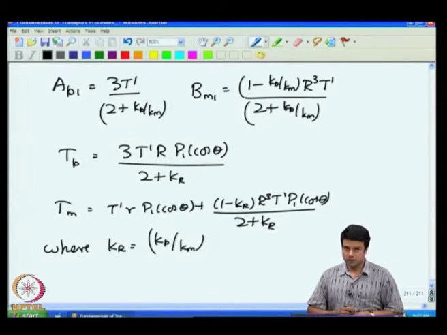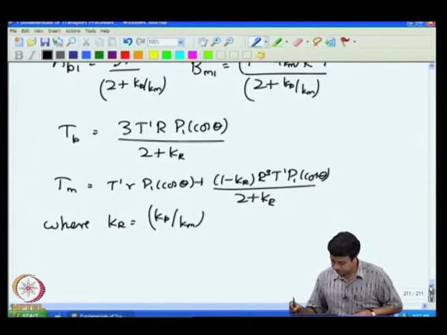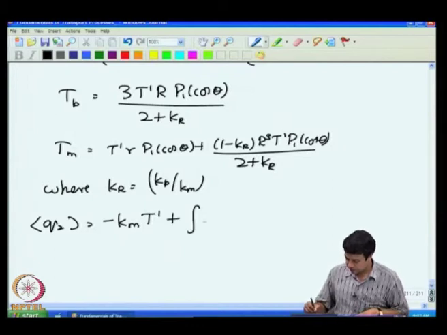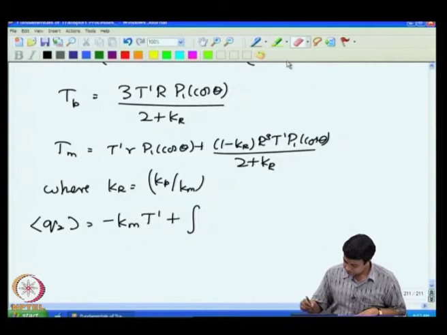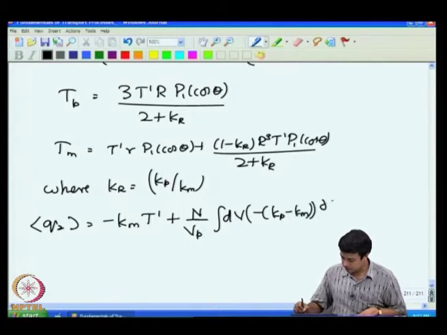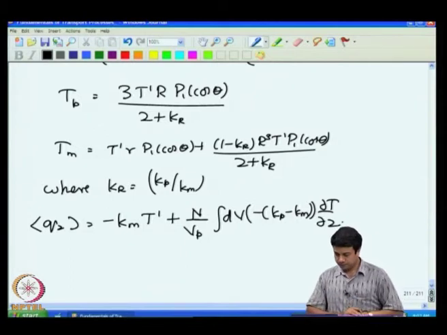Using these, we can now determine what is the effective thermal conductivity of the composite. If you recall, we had said that Qz is equal to minus Km T prime plus 1 over the volume of one particle, integral over the particle volume of minus of Kp minus Km times dT by dz.